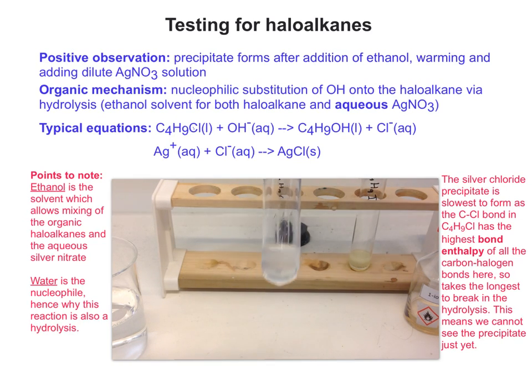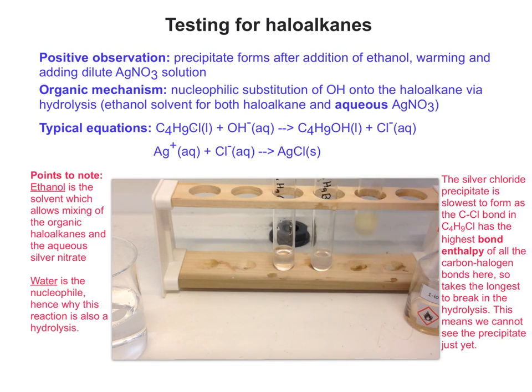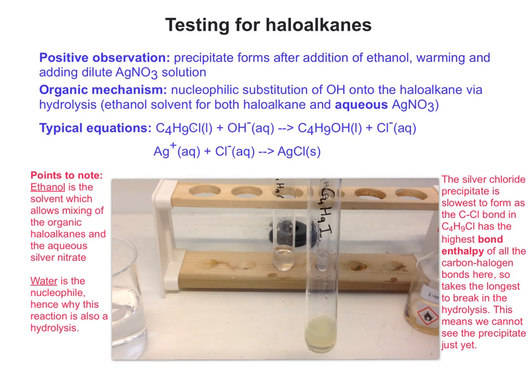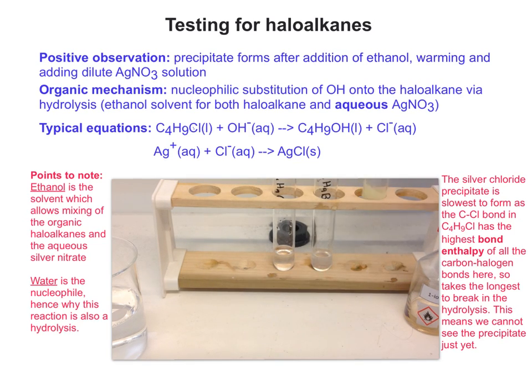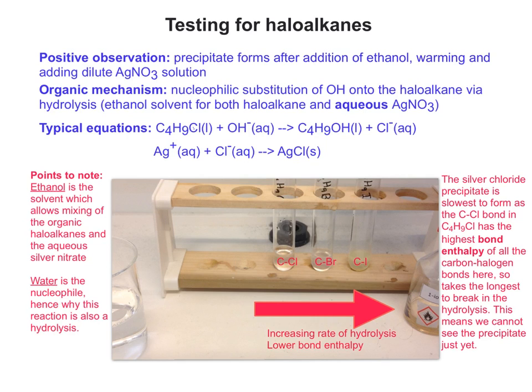You can see clearly the formation of silver bromide precipitate and the formation of the silver iodide precipitate. So, if we have a quick look at the different carbon halogen bonds that are present, we can see that there's an increasing rate of hydrolysis due to a lower bond enthalpy going from left to right.